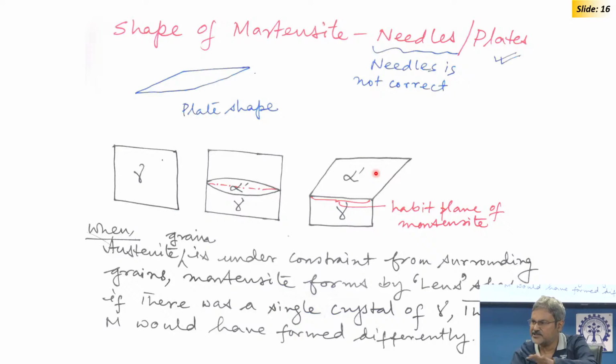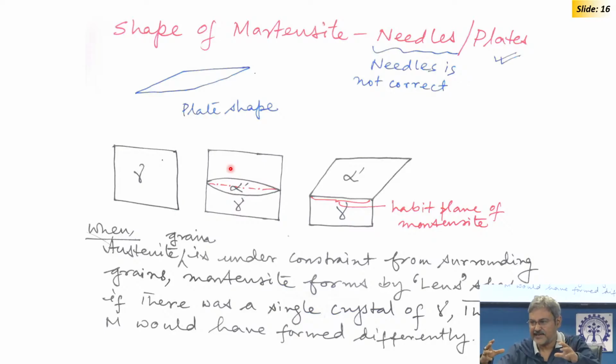This part would have sheared, and you need not see a thin plate. This is called the habit plane, that is the interface plane, the interface between the transformed phase and the parent phase. So, where is this plate shape coming from? The plate shape is coming because of the constraint of the surrounding austenite. Here a lot of shape deformation is going on, and it is under the constraint of the surrounding austenite.